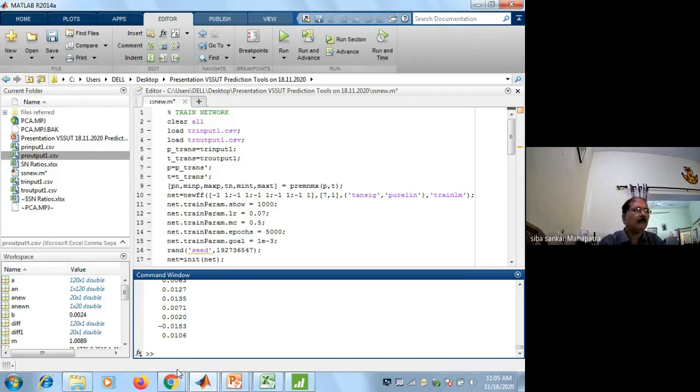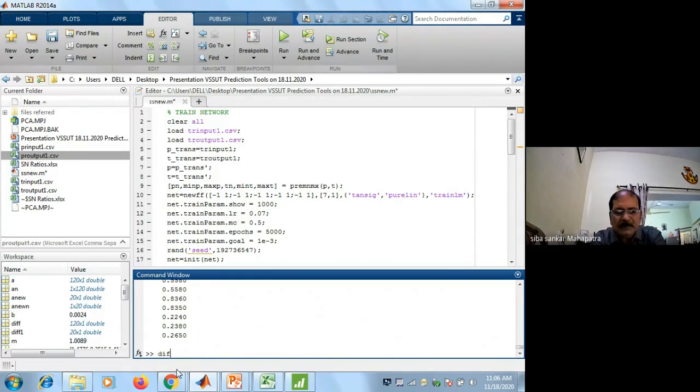Error you can calculate. Similarly, for the prediction, this is the output predicted by the network. And here output 1 will show you what is the output given for the prediction purpose or the testing purpose.